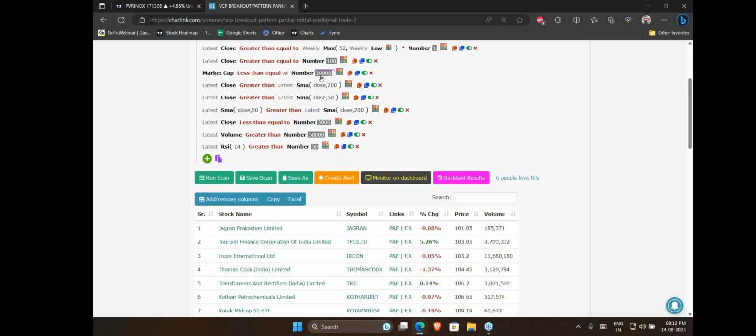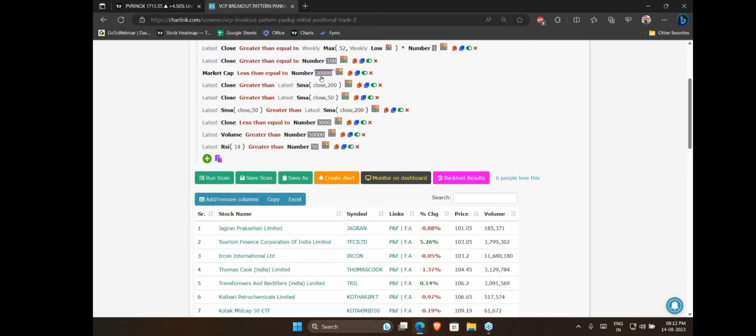Because F&O stock doesn't give you a breakout that easily. Now, latest close should be greater than 200 SMA. As you can see, latest close should be greater than latest SMA 200. Means the price should be above the 200 moving average. Next one is latest close should be greater than latest SMA 50.